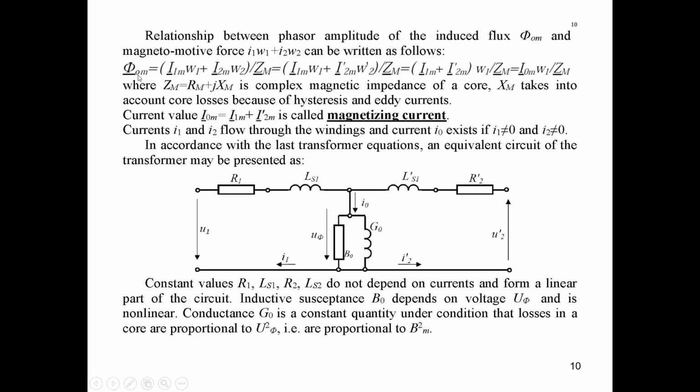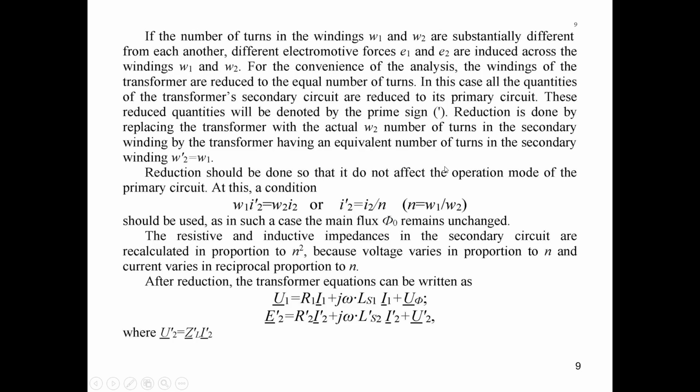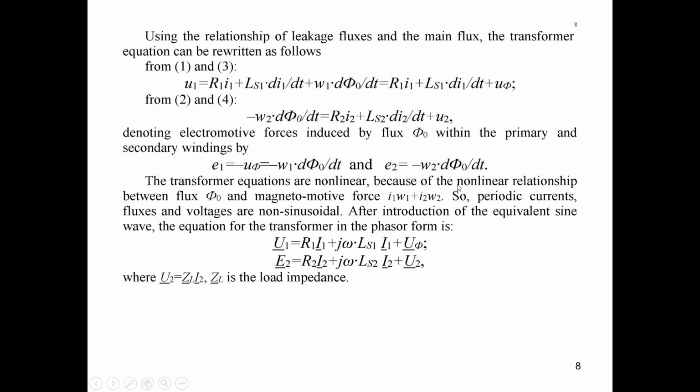We can write that phi0 equal to I1 maximum W1 plus I2 maximum W2. You see, it's for phasors. For phasors, I have not found it. Not for phasors. One minute. Let's find it.